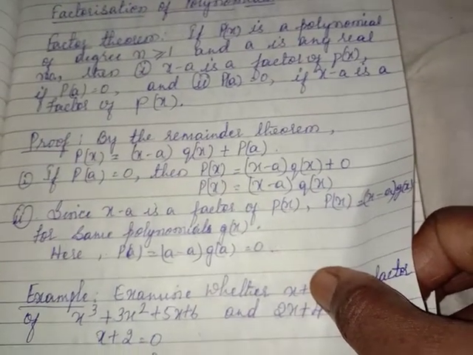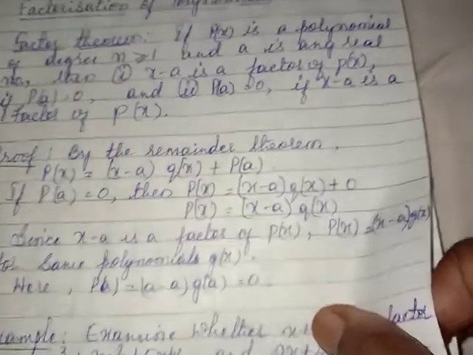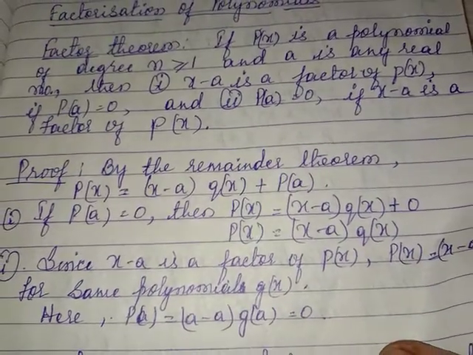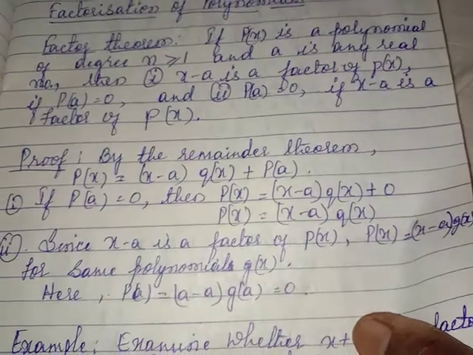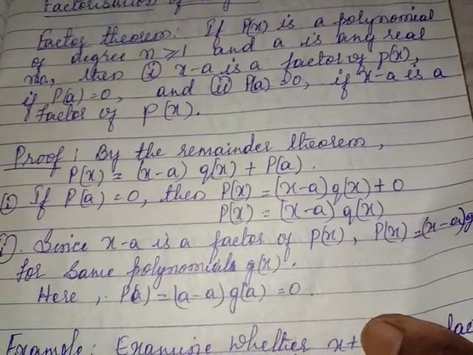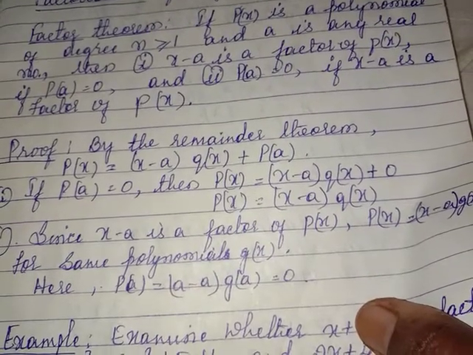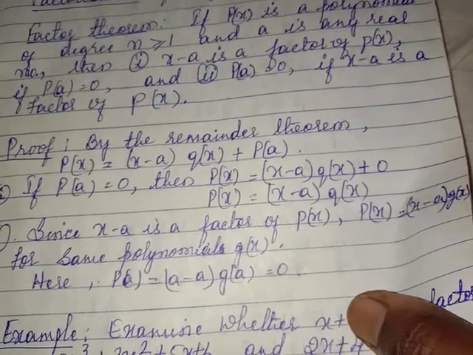Second, since x minus a is a factor of p(x), then p(x) is equal to (x minus a) into g(x) for some polynomial g(x). How did we get a?